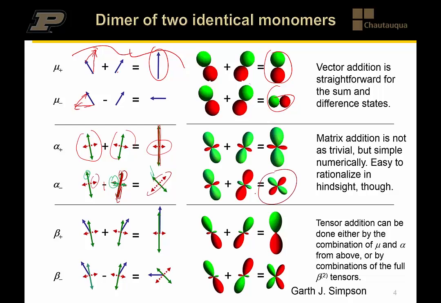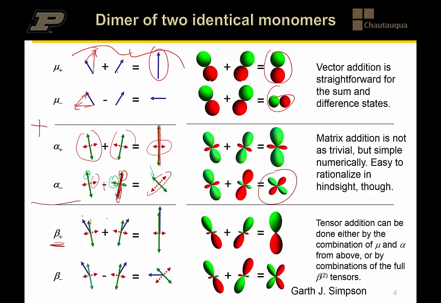And the hyperellipsoid, or in this case my ellipsoid representation, mirrors the Statutory representation. For the hyperpolarizability, it's really just the linear combination of these two processes, the vector sum and difference and the matrix sum and difference, because we generate the hyperpolarizability, the resonant nonlinear polarizability for the individual sum or difference states by the direct product, the Kronecker product of the transition moment and the matrix for either Raman or two-photon absorption.